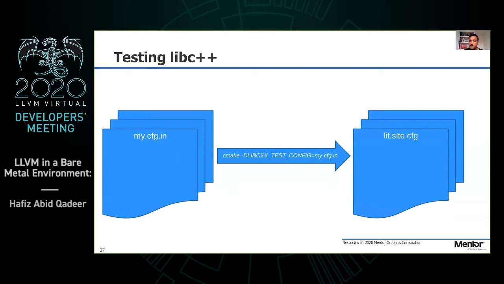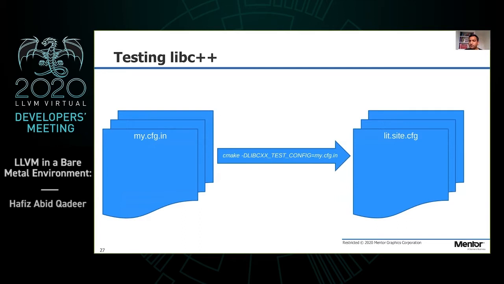Instead of relying on the cfg.in file that is present in the sources, you can have a totally customized cfg.in file that may reside outside of the tree. Then you can tell CMake that instead of using the file inside the source tree, it can use this file by using the LIBCXX_TEST_CONFIG variable. And CMake will do the same thing by using this file and generate your lit.site.cfg file.